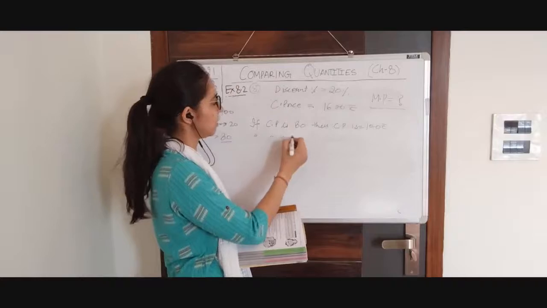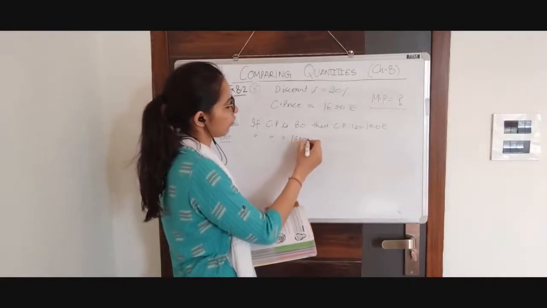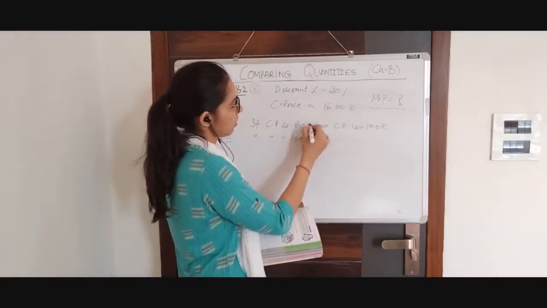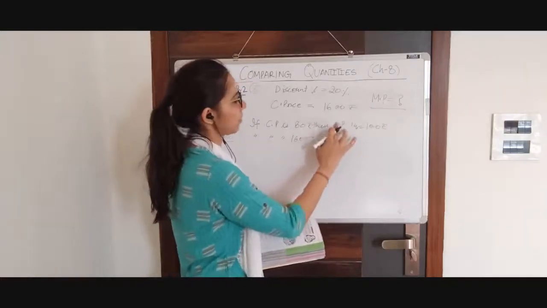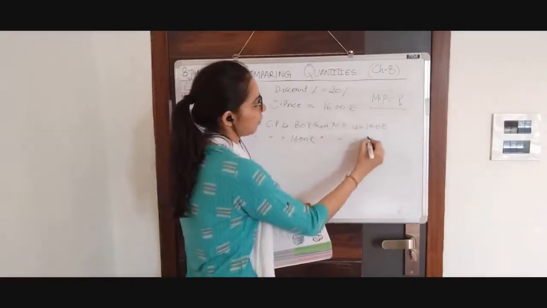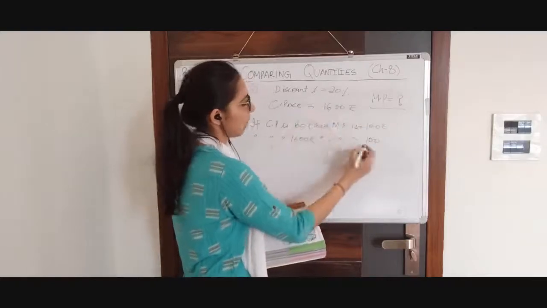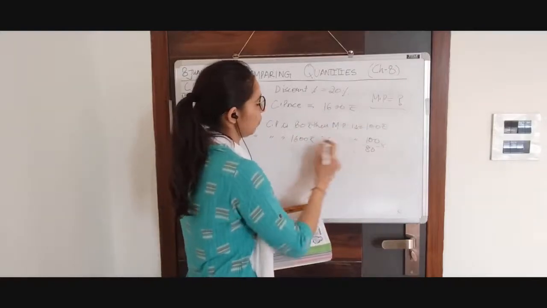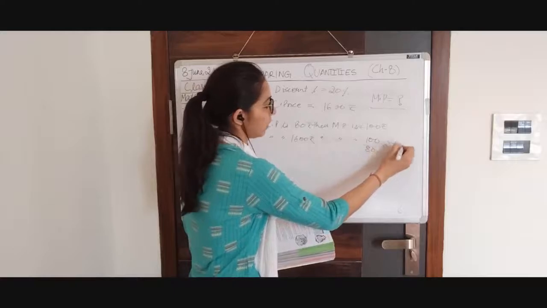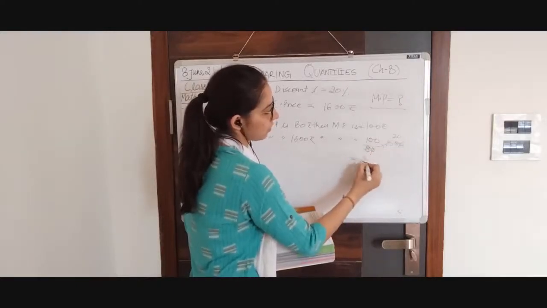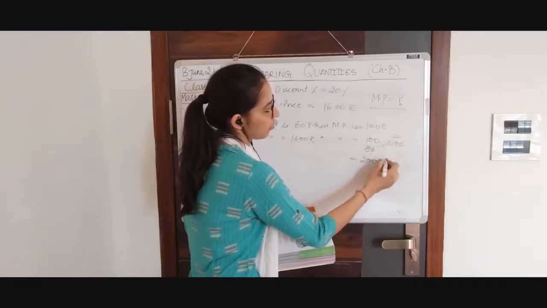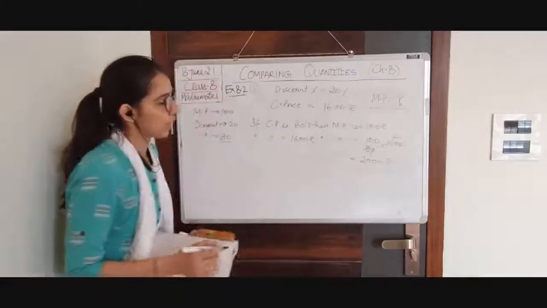If CP is 1600, which is your actual CP, then mark price will be 100 divided by 80 into 1600. So 8, this, it means 2000 rupees. 2000 was mark price.